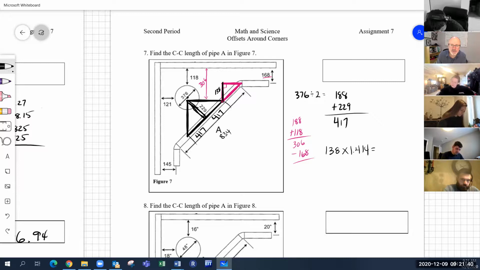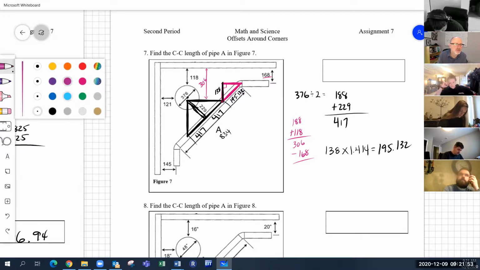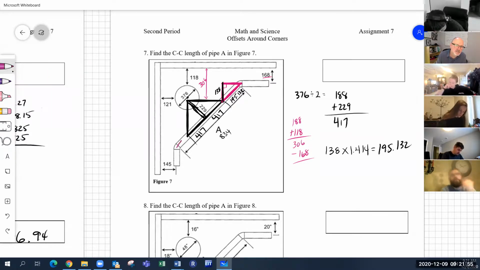And that is equal to 195.132. So this line is 195.132. And now we do the other side. This is the line I want to solve for. Here's my right angle triangle.